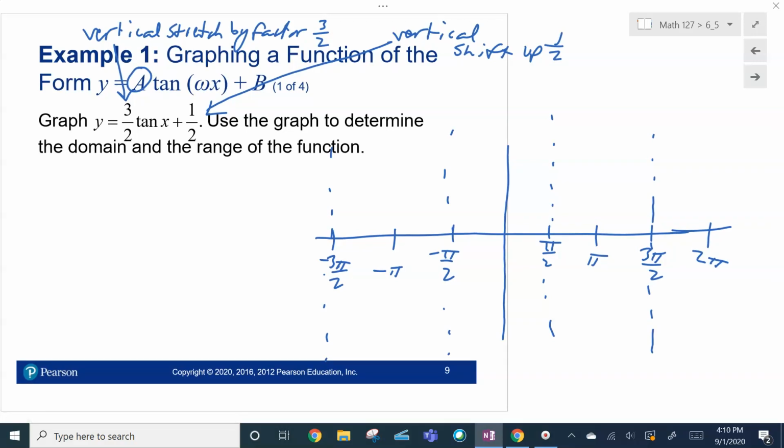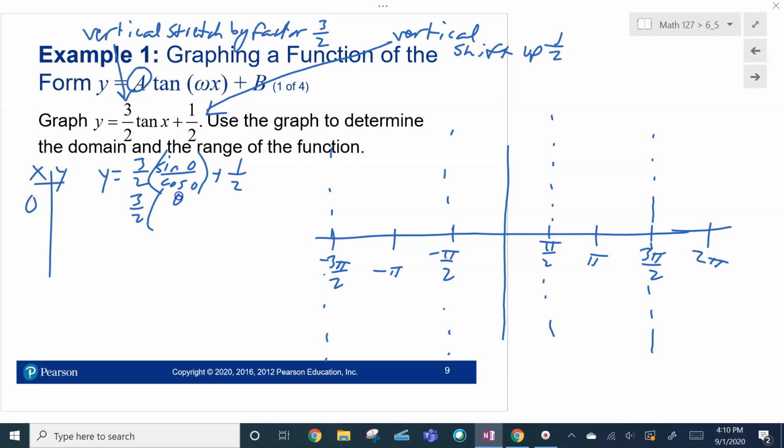All right, so let's get some points here. Well, let's go 0. So we got sine of 0 over cosine 0, right? That's the tangent of 0.